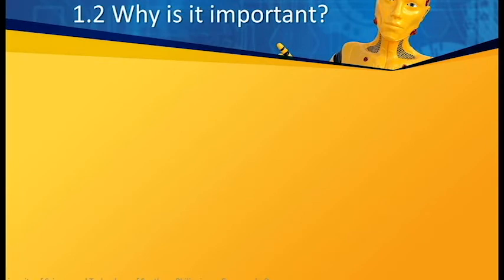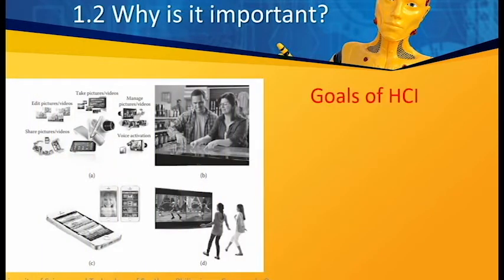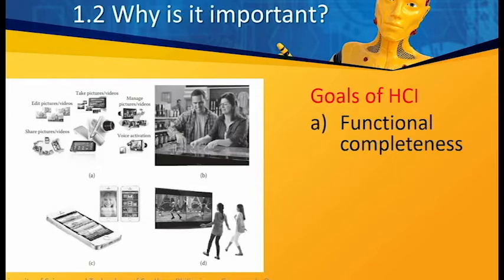So then we have some goals of HCI. Actually we have four goals of HCI. So one is functional completeness. It has a functional completeness, meaning just like in figure A, the camera is the product.